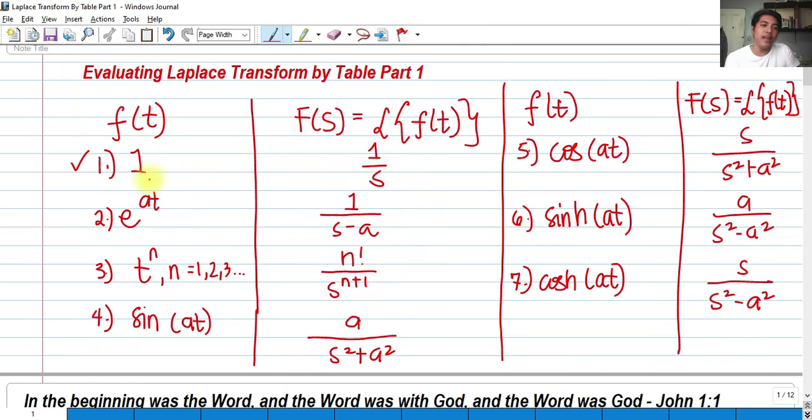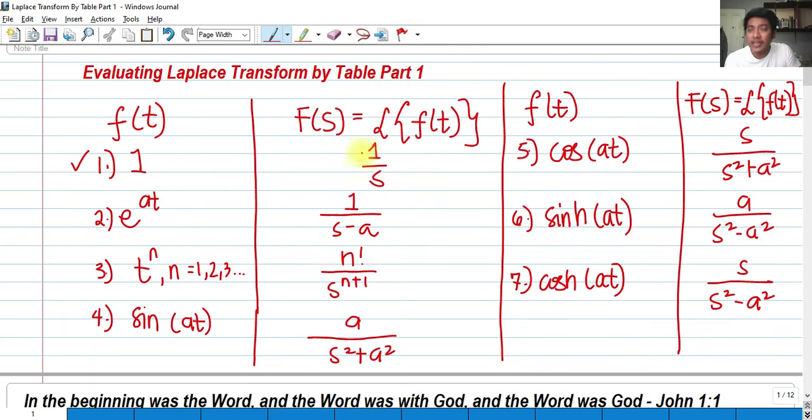Any constant we have here, for example 6, the Laplace transform would be 6 over s. Any constant, the Laplace transform is simply that constant divided by s.